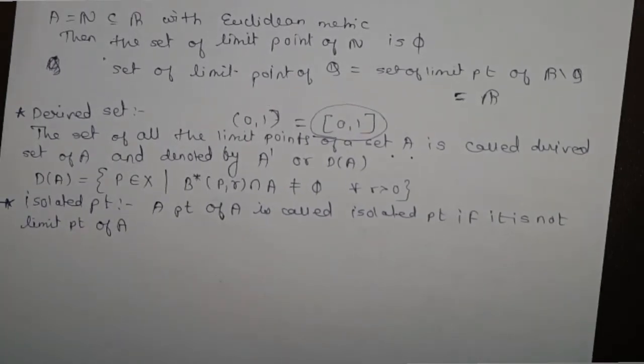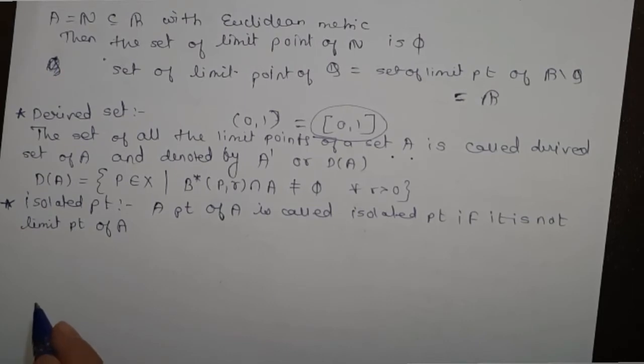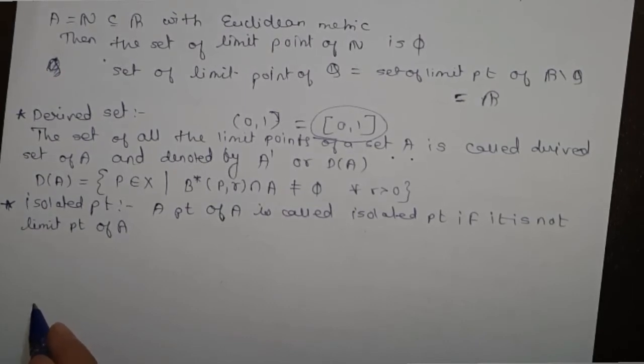Okay. Now we will see closed ball and closed set. We have seen open ball and open set. We have a similar definition for the closed ball and closed set, but there is a small difference. So let's see what the difference is.